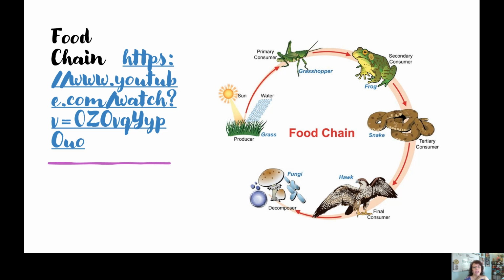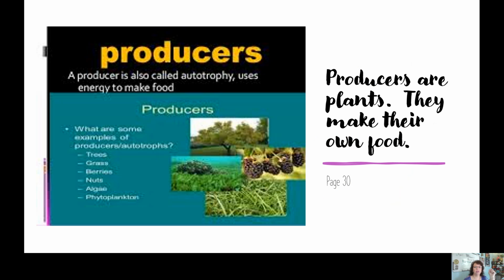And this is just a picture that I got off the internet to give you an idea, but I've got another one I'm going to show you and discuss with you. So let me move on. So let's talk about the primary consumers and the herbivores. These guys only eat plants. And plants are classified as producers in a food chain.